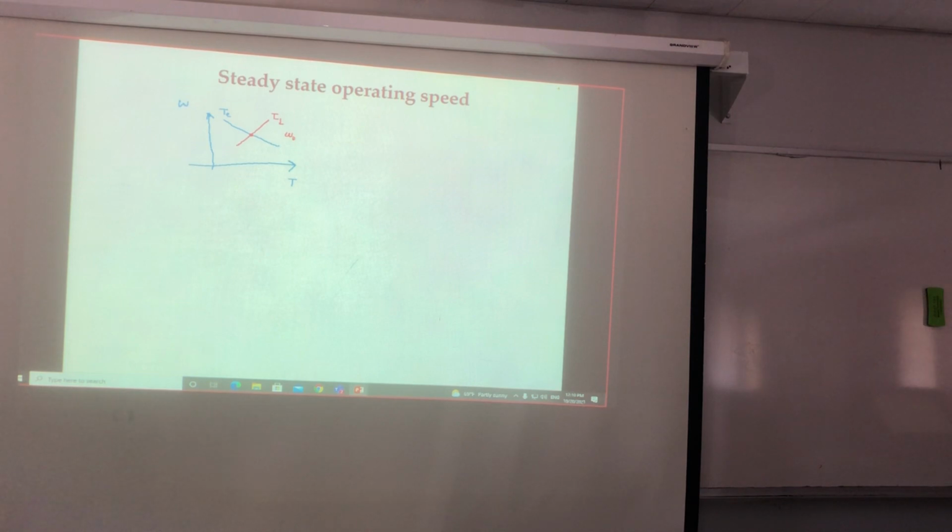You have two regions, correct? One is the forbidden, nonlinear region. Dr. Sahel said it's the unstable region. And the second one is the nice, linear region, the stable region. Why? That one is unstable and this one is stable. Why? The motor will decelerate until it reaches the operating point.